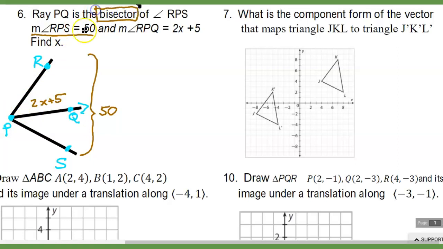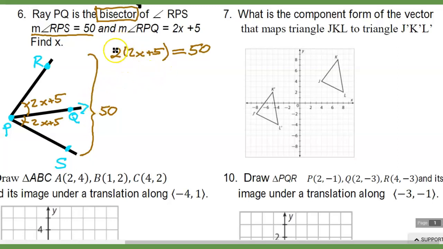A bisector means both these angles are equal, congruent. So if this is 2x plus 5, so is this, 2x plus 5. So we have two of these. Two of the 2x plus 5 added together will add up to the whole angle, which is 50. So there's our algebraic equation we need to solve.